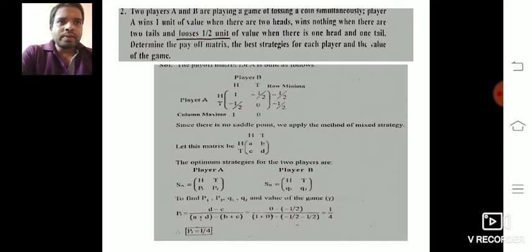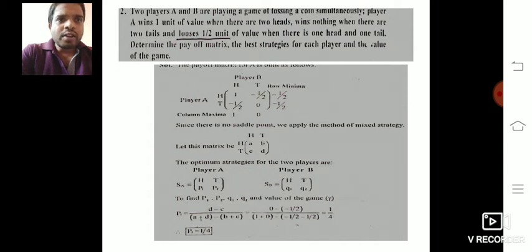Before going for solving, we check first whether the saddle point exists or not. In this problem the saddle point does not exist because the maximin value is not equal to the minimax value. Next, go for the optimal strategy for the two players. Write down SA player, that is head and tail, and P1 P2 for the player A. For the player B, SB matrix is given by H T Q1 Q2.